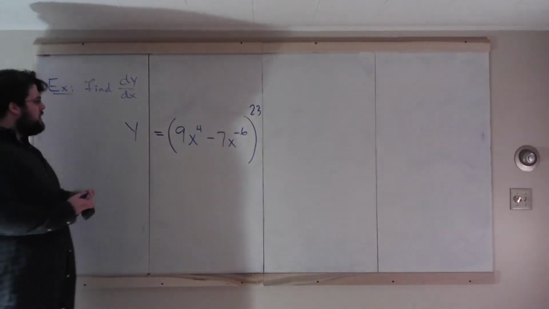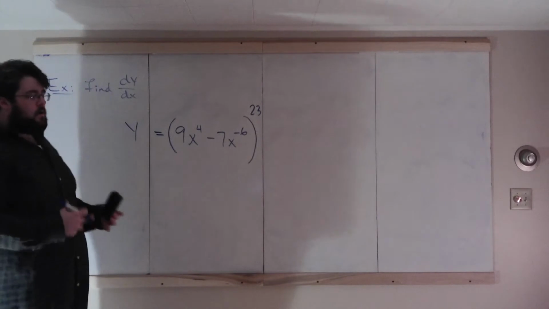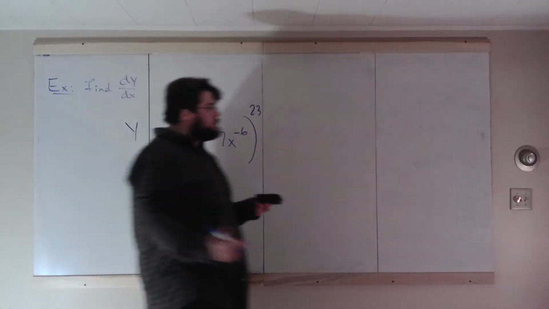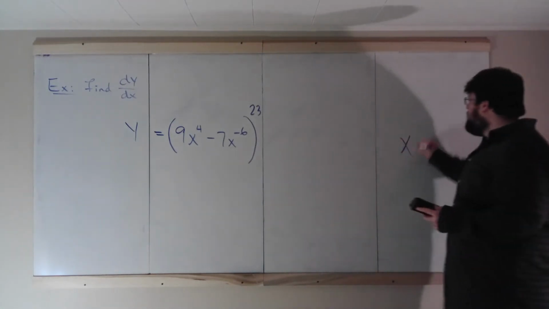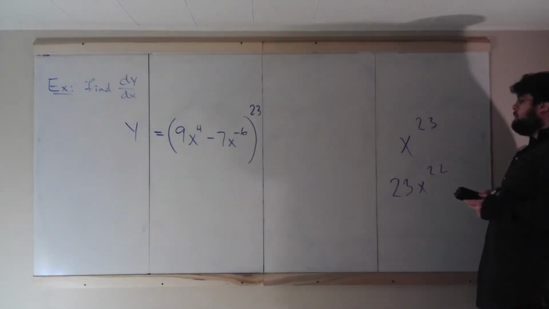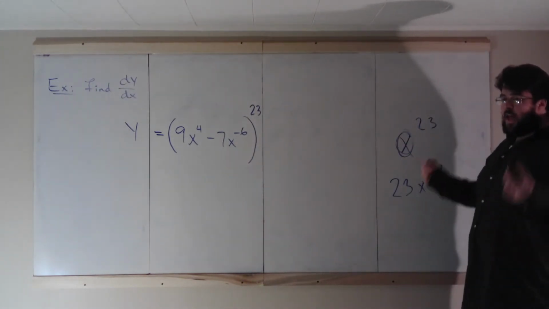We have here, what is this? This is a function to the 23rd power. We know how to take the derivative of something to the 23rd power. What's the derivative of x to the 23rd? 23x to the 22. But here, this x is a lot more than just an x.